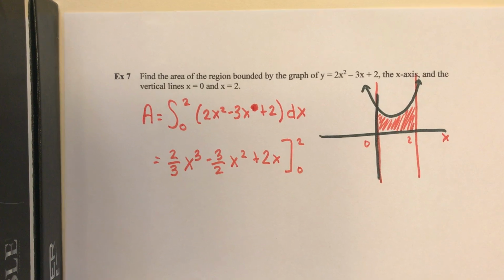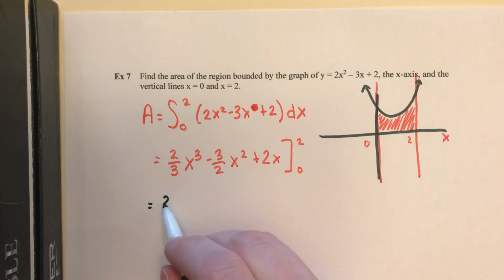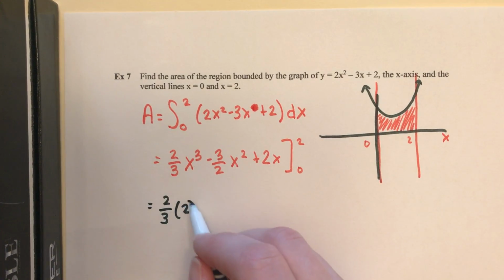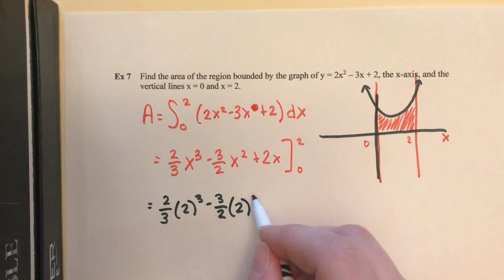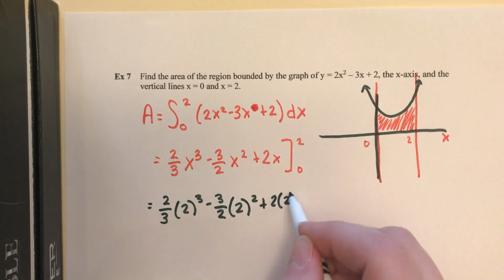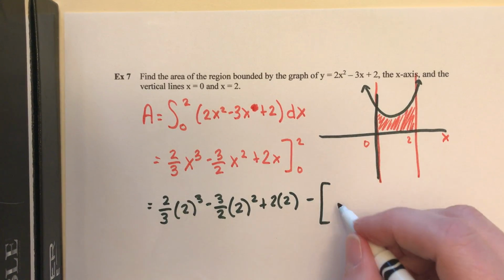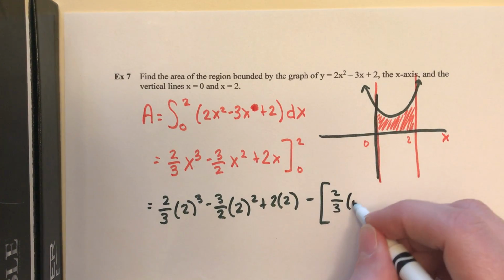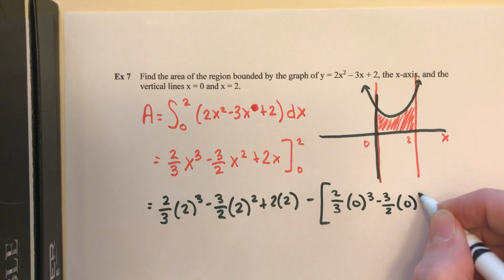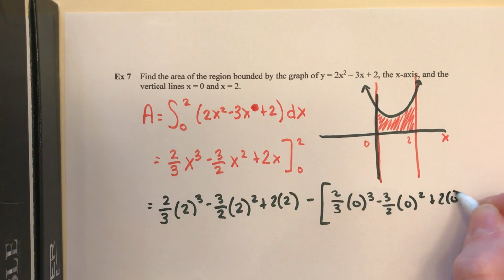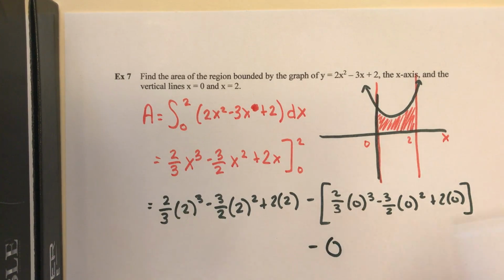Okay, so we're going to plug in the top number first. So 2/3 times 2 cubed minus 3/2 times 2 squared plus 2 times 2 minus, and then I'm going to plug 0 in. Now, fortunately for us, when we plug 0 in to all those x's, we get 0 back. So that saves us a lot of time there. So minus 0, I'm going to put that down already.